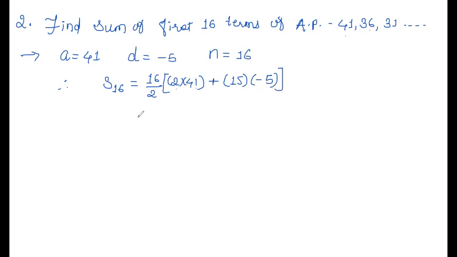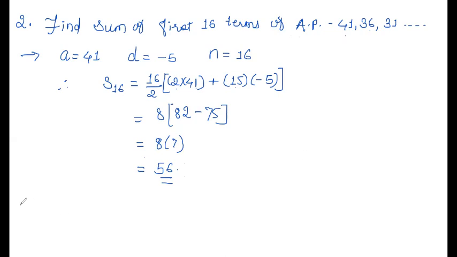Calculate: 8 in bracket 41 into 2, how much? 82, minus 15 into 5, 75. So 82 minus 75 is 7, and 7 into 8 is equal to 56. So the sum of first 16 terms of the arithmetic progression is 56.